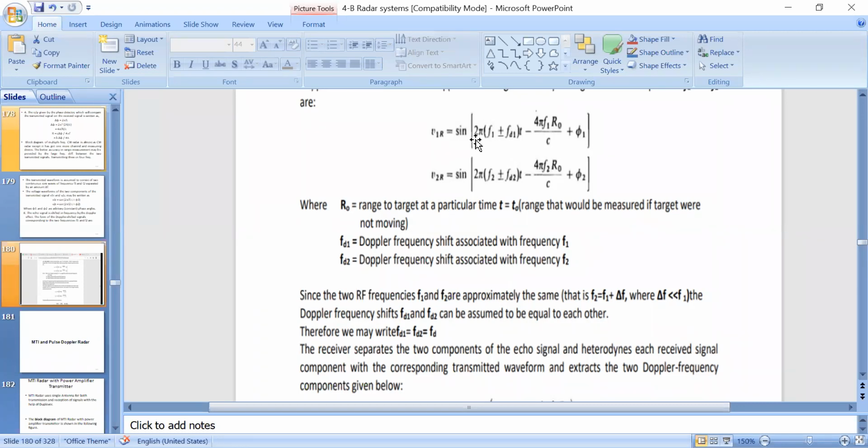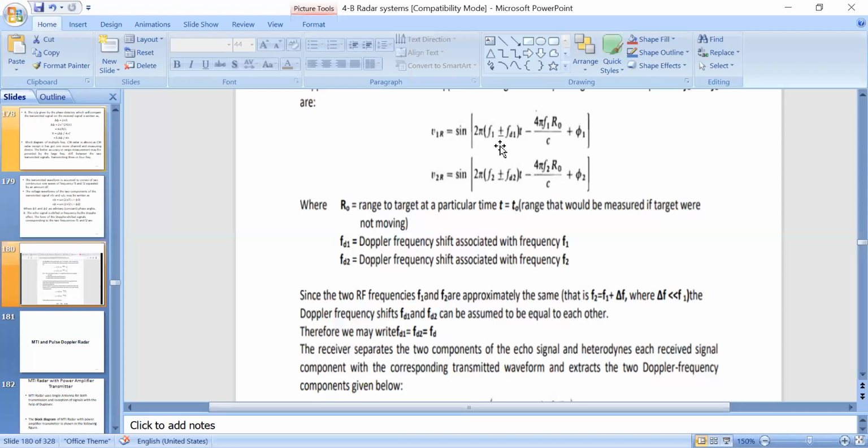It is plus fd whenever the moving target approaches the radar system, so it becomes sine of 2 pi (f1 plus fd). When it moves away from the radar system, it is f1 minus fd, right?